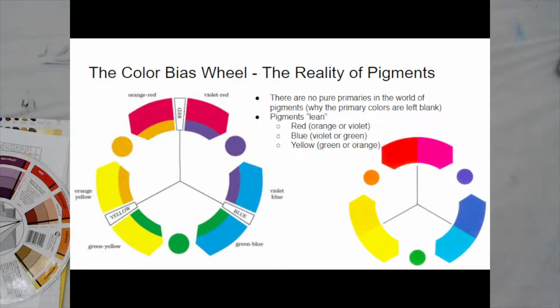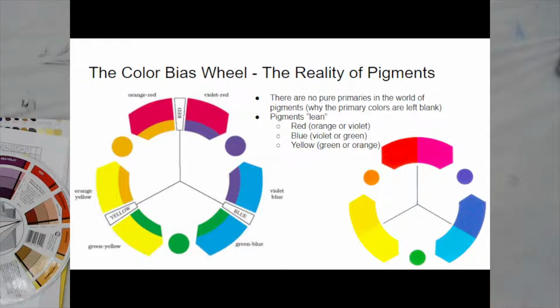But anyway, there are no pure pigments in the world of pigments. That's why the primary colors are left blank, because in the world of pigments, pigments lean. What that means is that if you pick a tube of red paint from your box, it's going to lean either orange or violet.